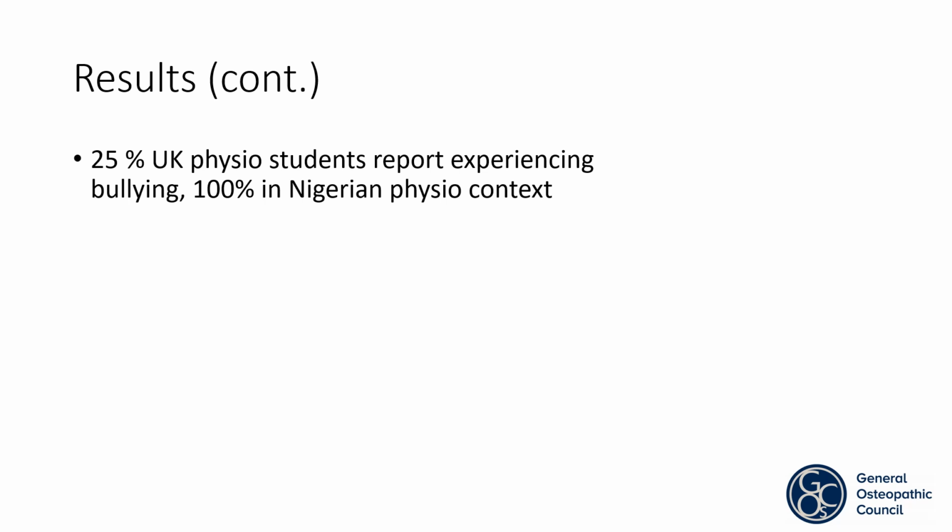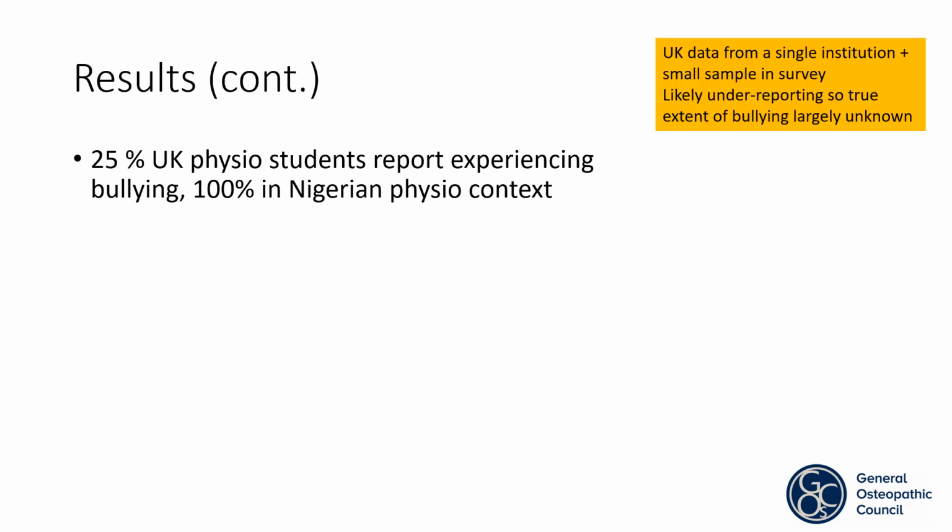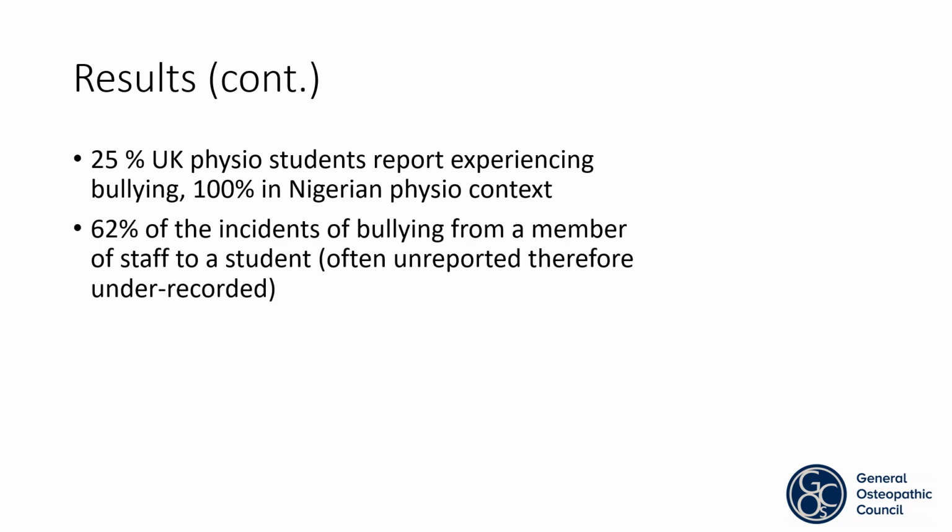A quarter of the students in the UK in physiotherapy reported experiencing bullying, and all of the students in the Nigerian context also reported bullying. We have to notice that in the UK, that was just from one institution and the sample was quite small. They reported that it was very likely that there was some underreporting, so the true extent of bullying is still largely unknown.